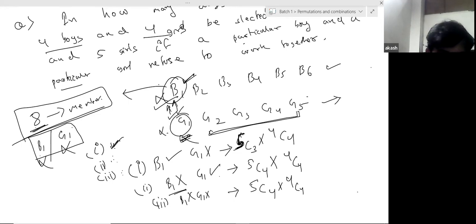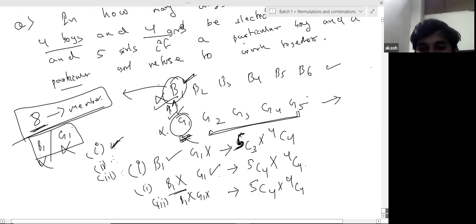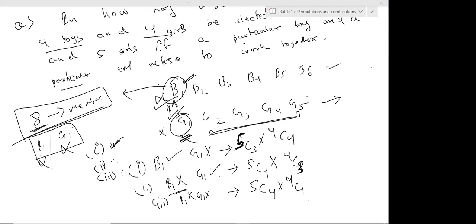Is it clear, everyone? Okay. 5C4. Oh, so this is 4C3. You have to choose 3 girls. Clear? Shravya, Gautam, Ashma? Yes, sir. All right.